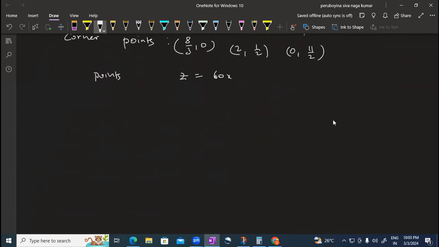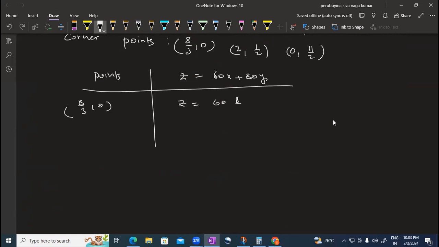First point 8 by 3 comma 0. So G is equal to 60 into 8 by 3 plus 80 into 0, it goes to 20 times 8, 20 eights are 160 rupees.